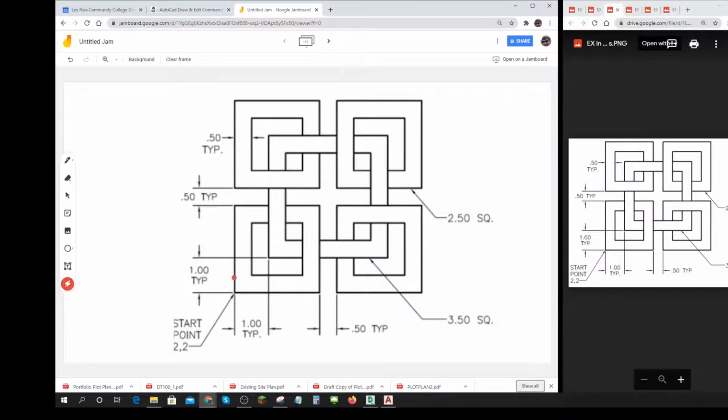Okay, so again, I see a square, and I'm going to use the polyline, the rectangle command, because then I can offset it to make my inside square.